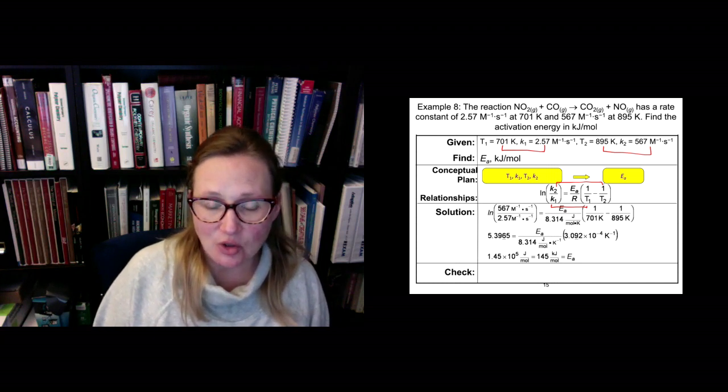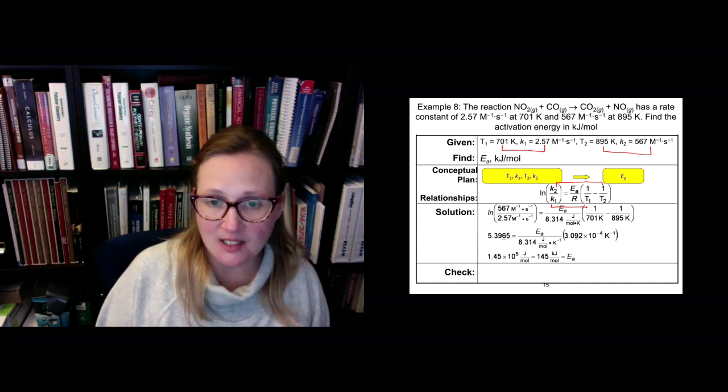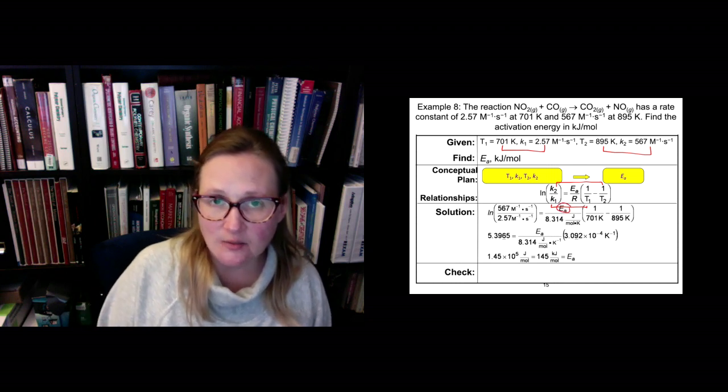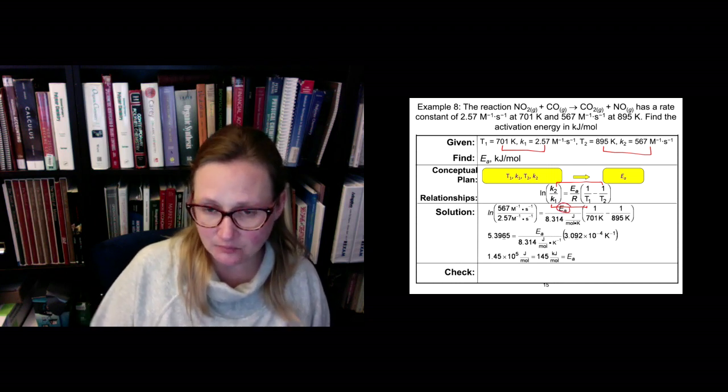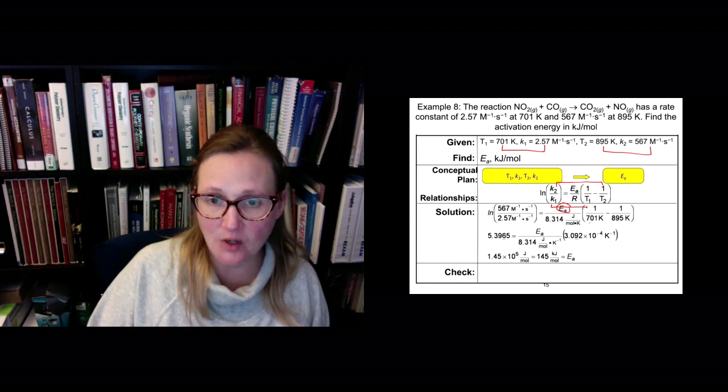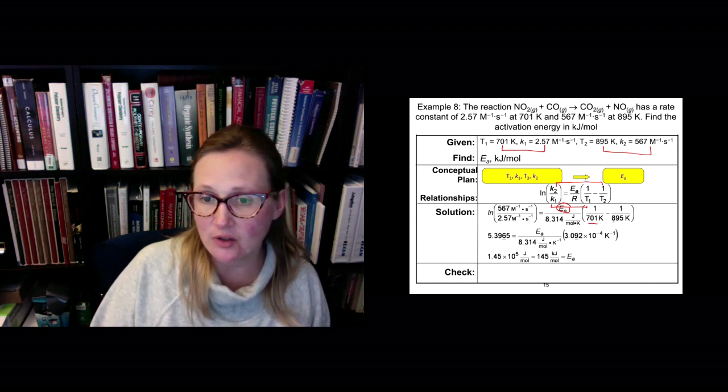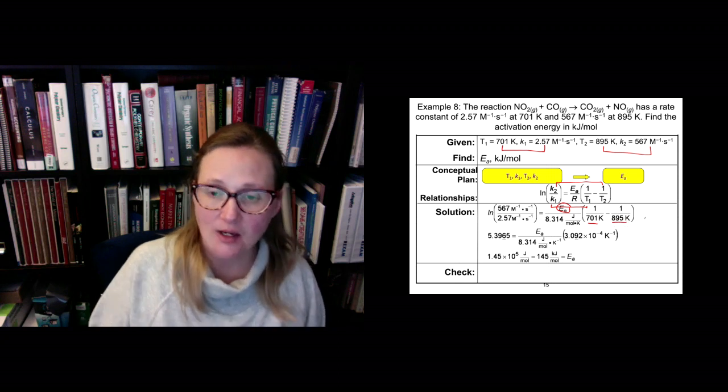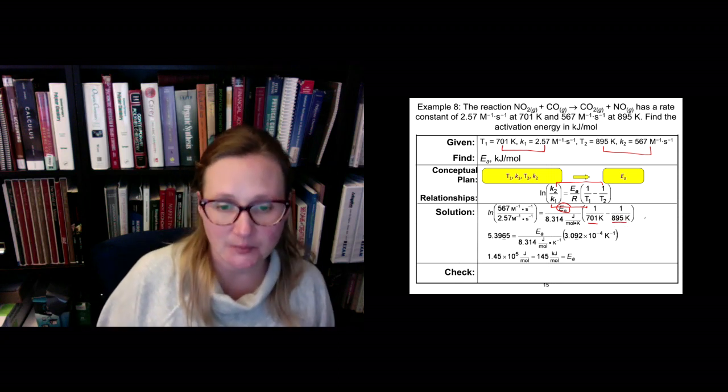So we're going to take the natural log of that, and that's equal to Ea, this is what we're trying to solve, divided by the gas constant, and then 1 over T1, which is 701, minus 1 over T2, which is 895. Okay, so we're just really plugging in numbers here.